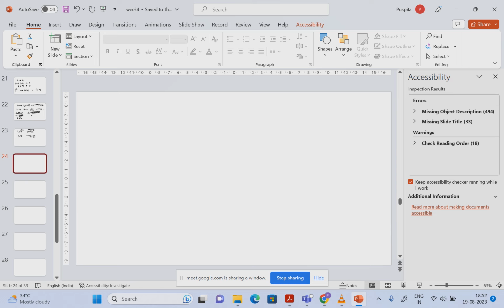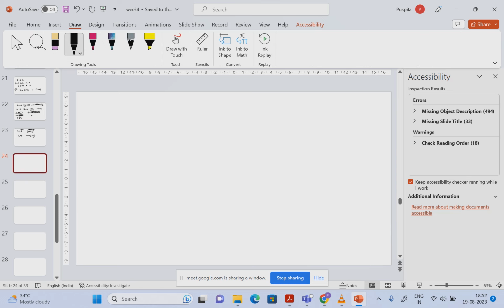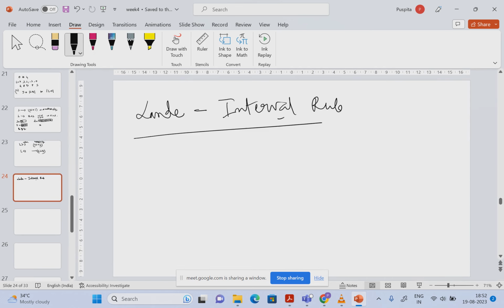So there comes a rule, which is the Landé interval rule. What does the rule say?